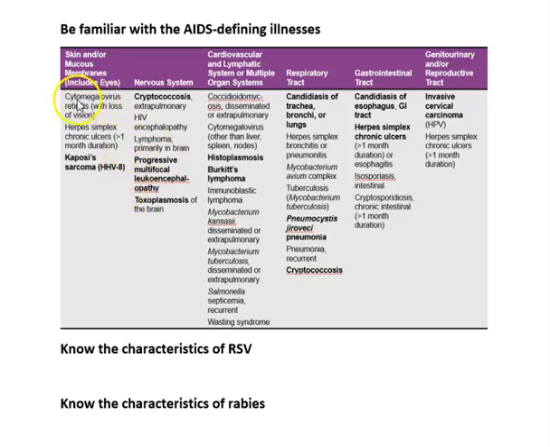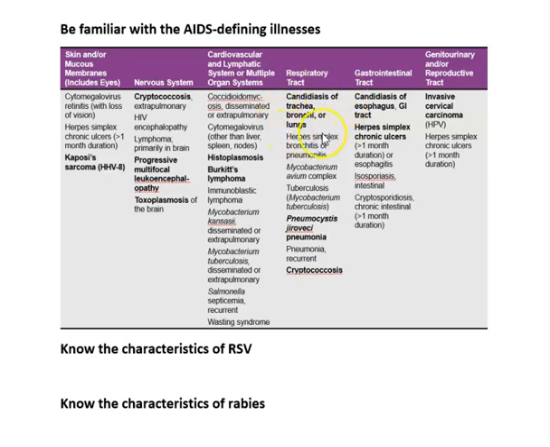So we see an AIDS-defining illness here might be cytomegalovirus retinitis. Kaposi's sarcoma, caused by human herpes virus 8, is an AIDS-defining illness. Progressive multifocal leukoencephalopathy, toxoplasmosis of the brain, candidiasis of the trachea, the bronchi, or the lungs.